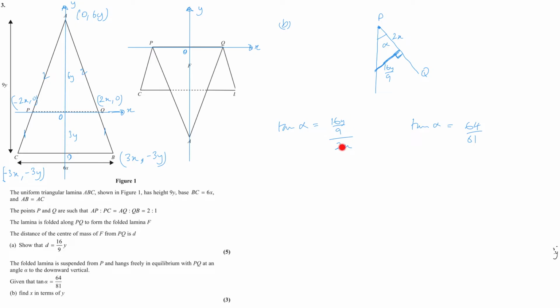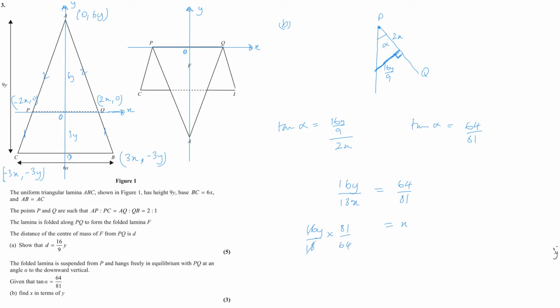So taking this one, it is 16y over 18x equals 64 over 81. So x is equal to 16y over 18 times 81 over 64.